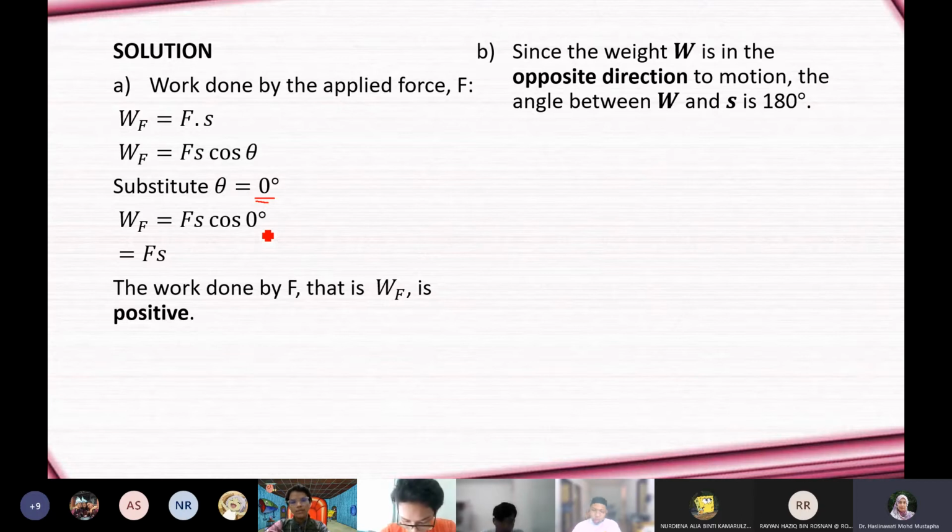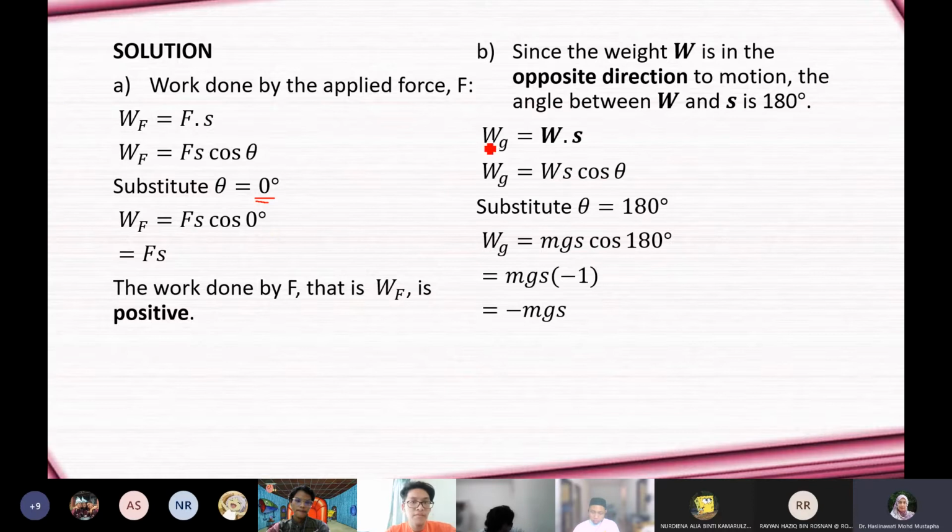So look at B. Since the weight is in the opposite direction to the motion. Yang B, dia minta kita cari the work done by the gravity. So kita ada equation Wg, work done by the gravity is equal to Ws.